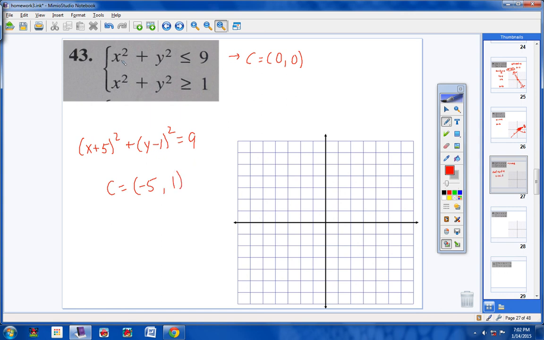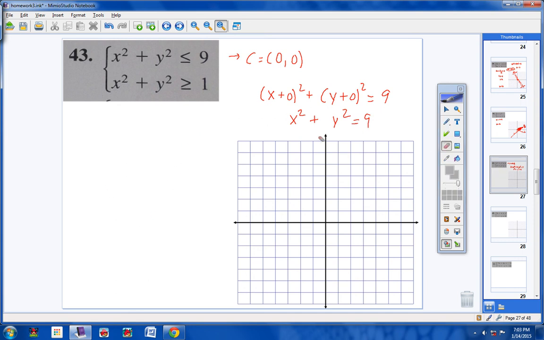But here, there's no number in the parentheses like a 5 or a 1, so it's understood to be 0. And here's why. If you put x plus 0 plus y plus 0 equals 9, okay? Well, if you were to simplify this, you would just get x squared. And if you were to simplify this, you would just get y squared equals 9. So the center to this circle is going to be 0, 0, okay?